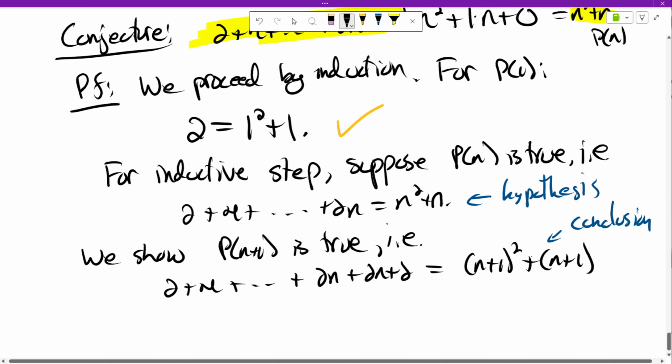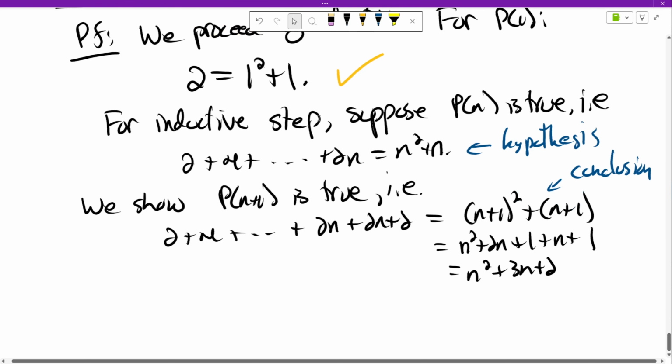Since we're trying to reach this second equation, let's just multiply it out to see what we're looking for. So the n plus 1 squared is n squared plus 2n plus 1. So that's n squared plus 3n plus 2. That's what we're looking for. All right.